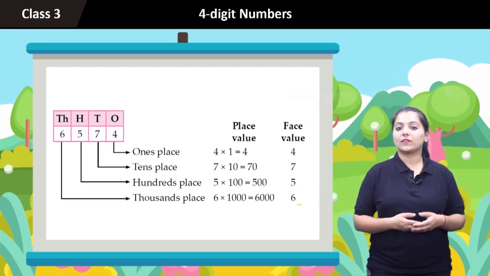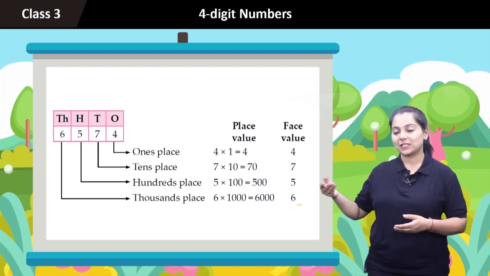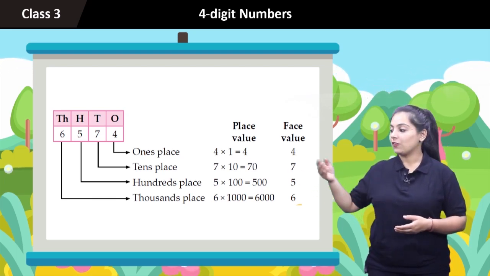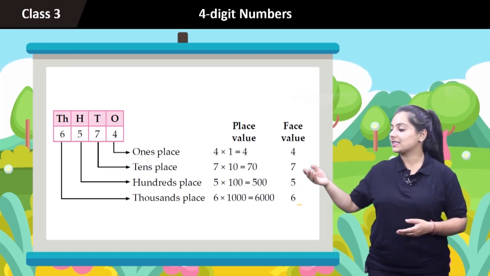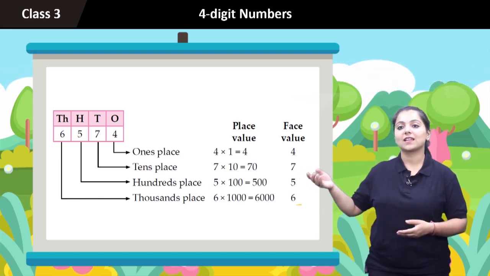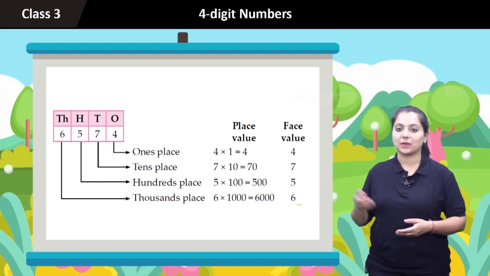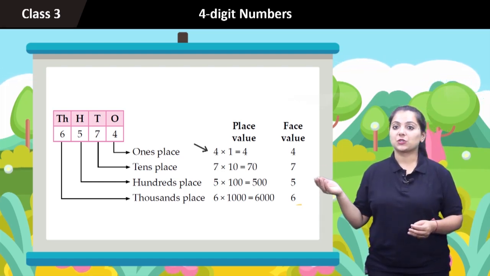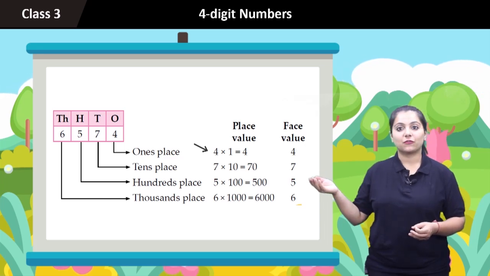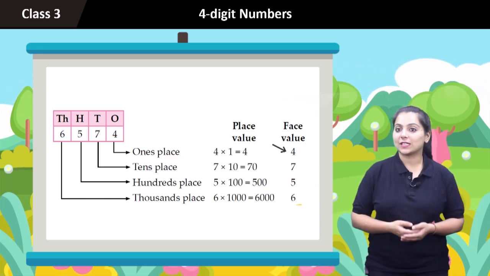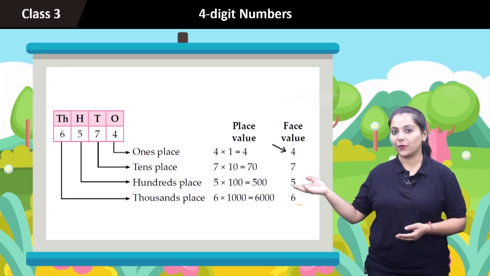So first of all we'll put them in place values: ones, tens, hundreds and thousands. 4 at ones place, 7 at tens place, 5 at hundreds place and 6 at thousands place. 4 is at ones place, so its place value is 4 multiplied by 1, that gives 4. So the face value is 4.